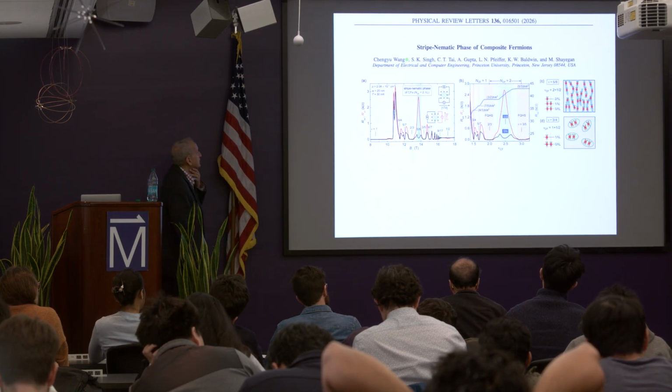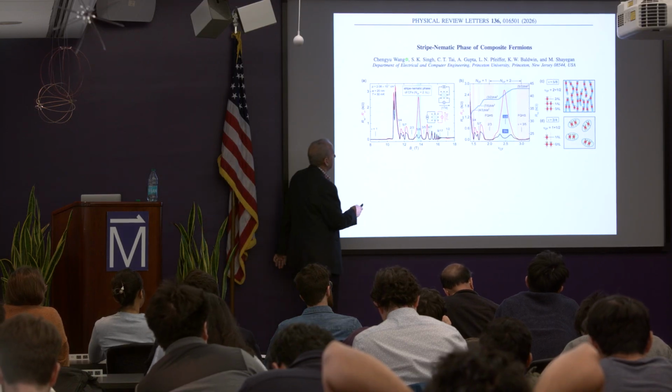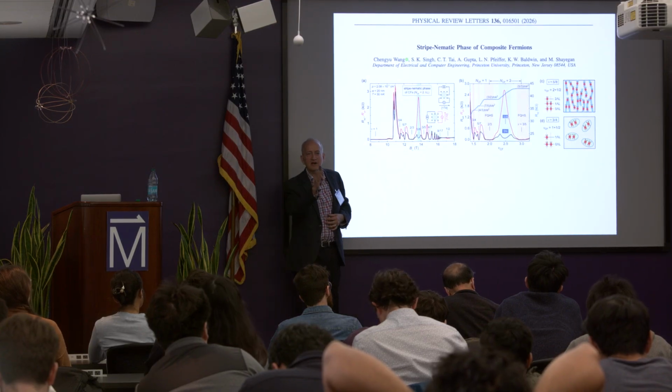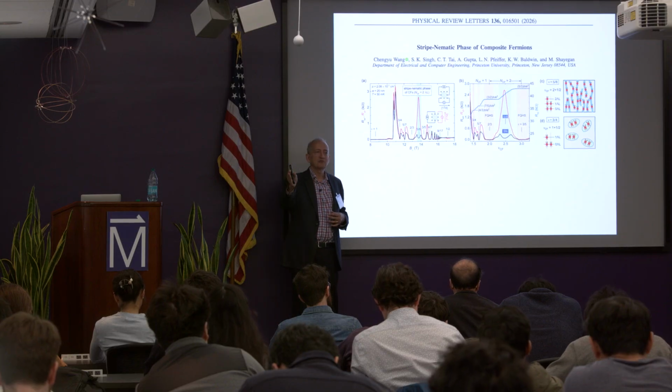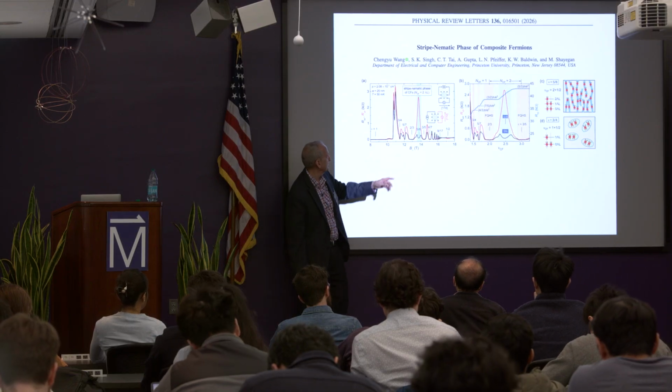And recently, there have been 2 papers. So that's the stripe phase. This is happening at 5/8, which is exactly halfway between nu star equals 1 and nu star equals 2, in terms of composite fermions.